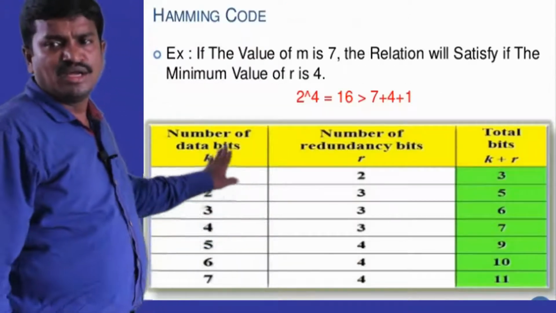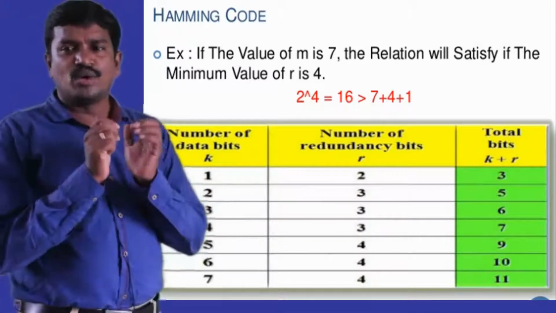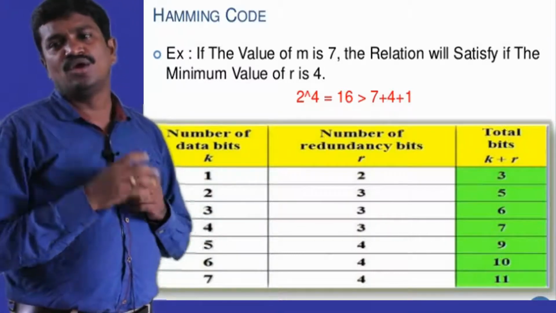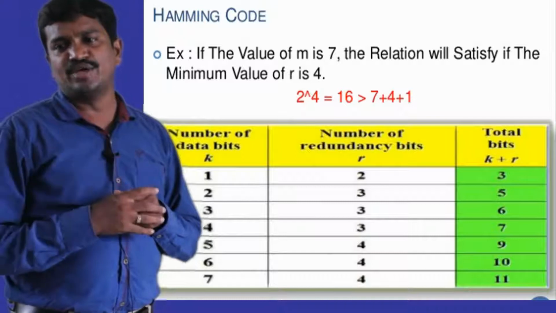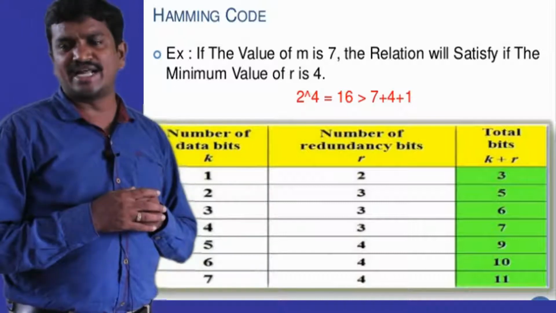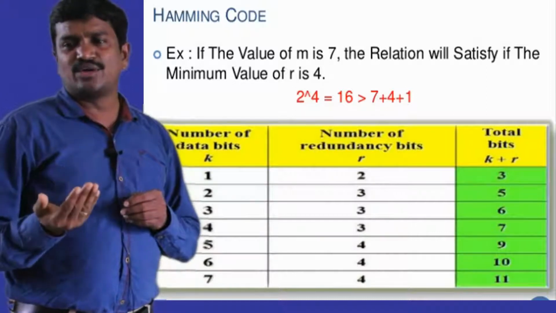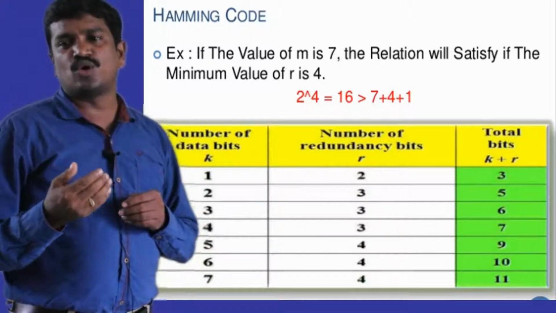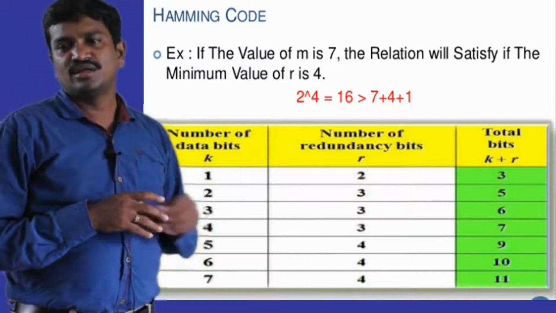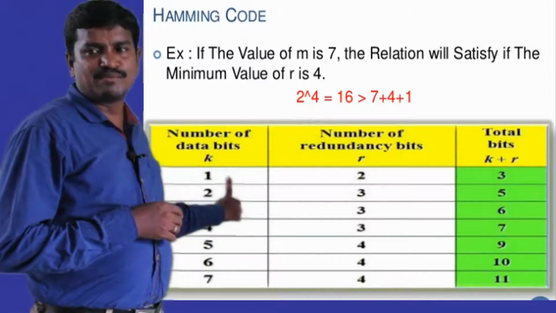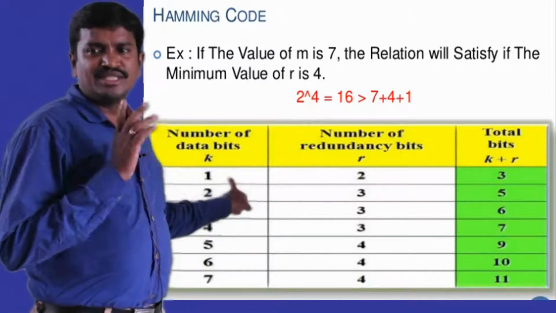Let us see now the number of data bits. I got only one bit data units. If you got only 1 bit data units, then this value is substituted in the equation, that is 2 power r greater than or equal to m plus r plus 1. The m value is substituted in that equation.